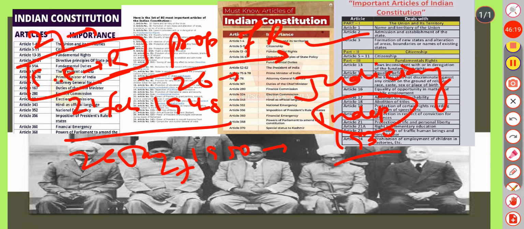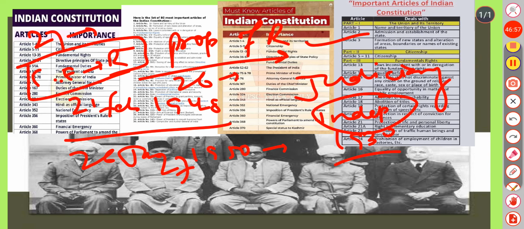That was the 44th Amendment of the Indian Constitution, in which the right to property was removed from Part 3 as a fundamental right, by deleting Article 19 clause 1(f) and Article 31, and by inserting it in Part 12, Chapter 4, as a right to property under Article 300A. Okay, so this is important, right.